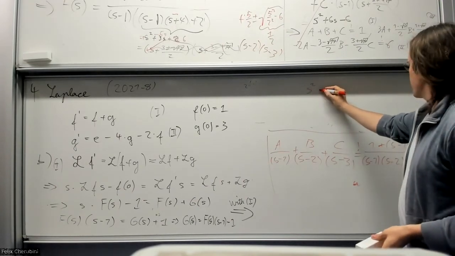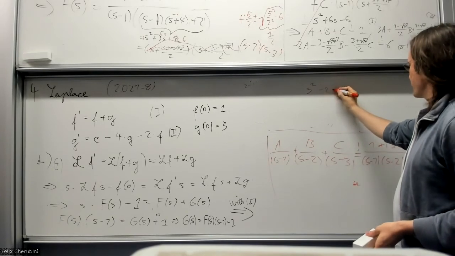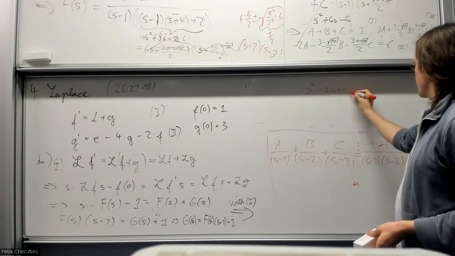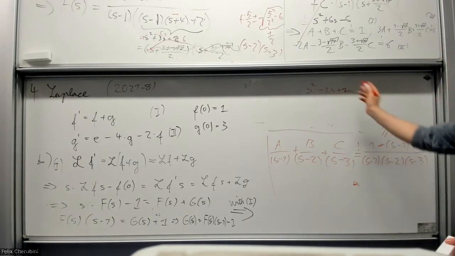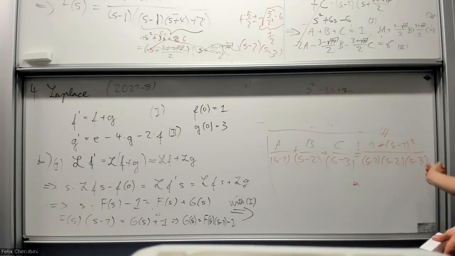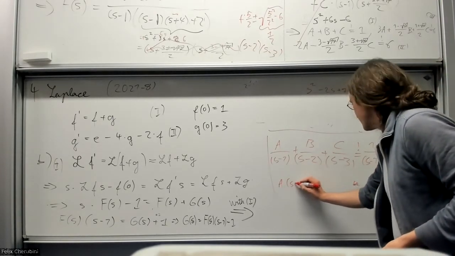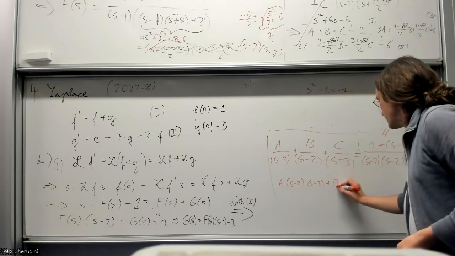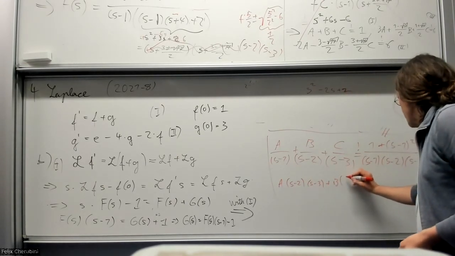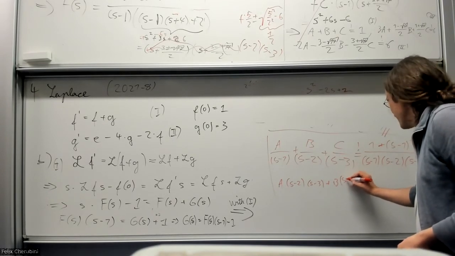So that's s squared minus, plus 1 is 2. Okay, so that's what we have here. And then we get an equation like this, which is also quite long, but in this case, nicely solvable.